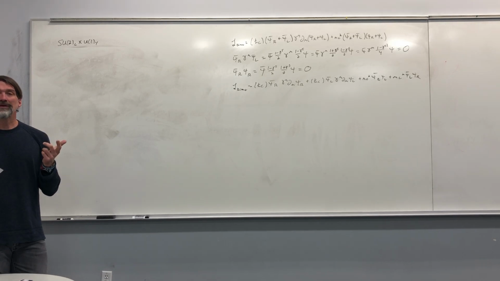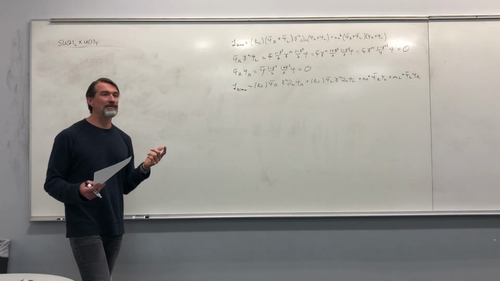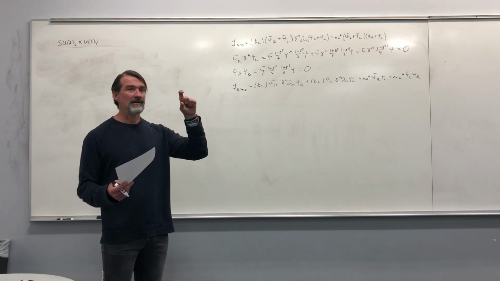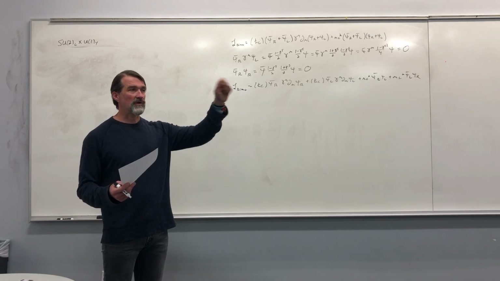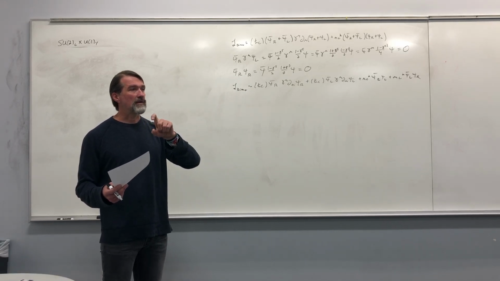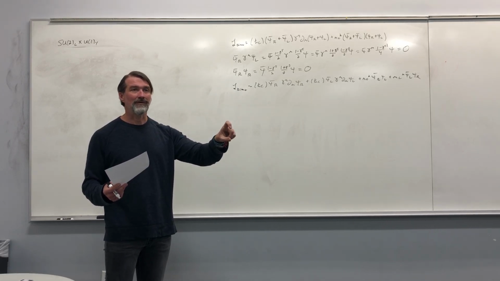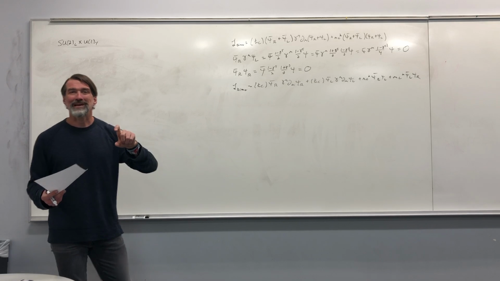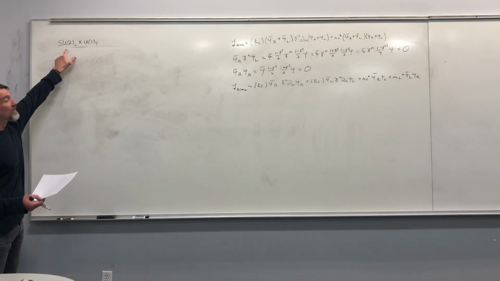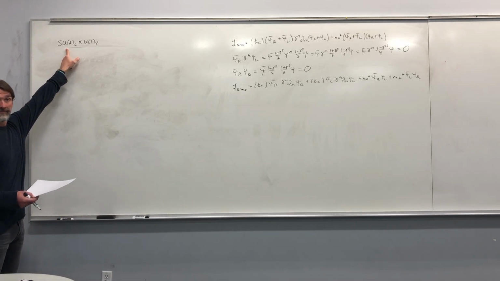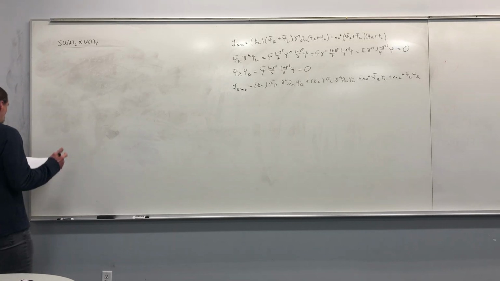Exactly. Remember, I've been organizing all of the matter in the standard model in these little pairs. Up, down quark, charm, strange quark, top, bottom quark. Electron, electron neutrino. Muon, muon neutrino. Tauon, tauon neutrino. Those are 2 component objects. Those are exactly what these 2x2 matrices act on, okay?